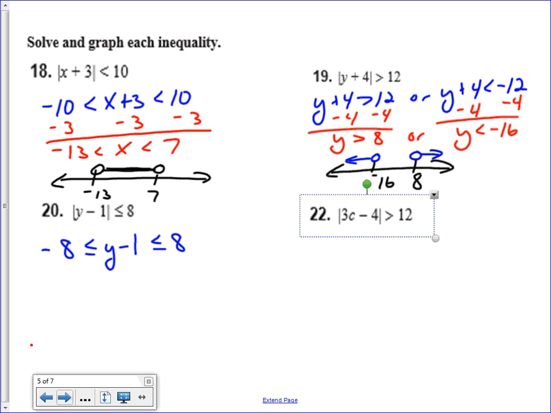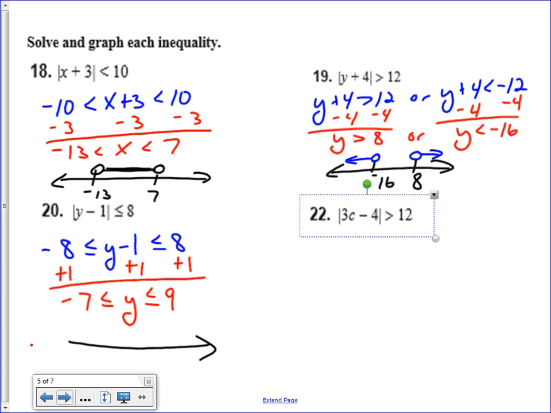Well, hopefully we can see that I would add 1 everywhere, and I would get negative 7 less than or equal to y is less than or equal to 9. And then I would go about graphing it. I'd have a negative 7 here and a positive 9 here, and I would have closed circles at both, and connect the two.